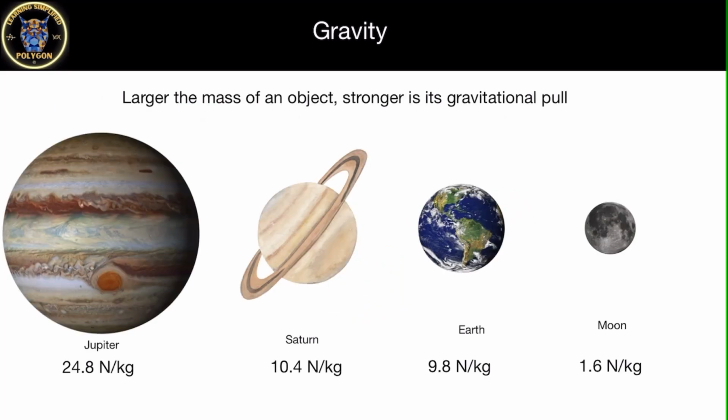Here you see some of the planets in our solar system, and we notice that the bigger and heavier planets like Jupiter have a much stronger gravitational pull than Earth. Similarly, objects smaller than Earth like our Moon have a lower value of gravity. For example, the gravitational pull on the Moon is roughly 1/6 of that on Earth.